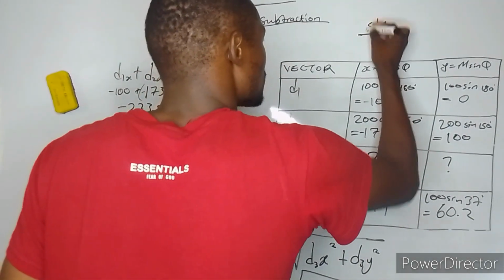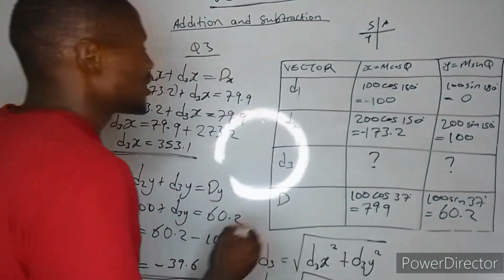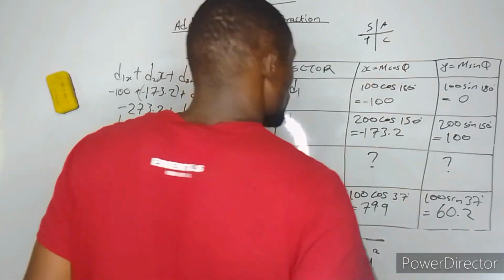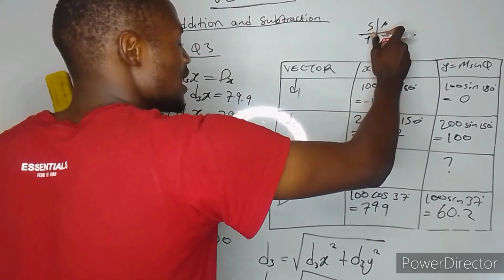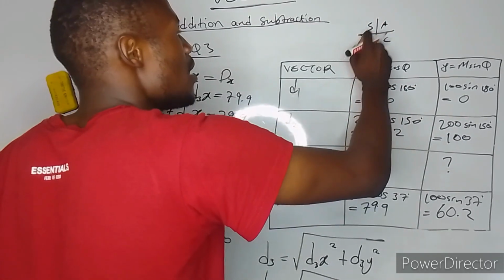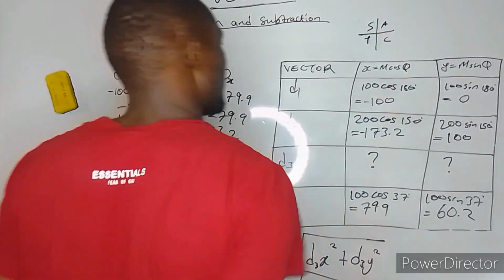Here we only have sine, which is positive. Here we only have tan, which is positive. Then here we have cos, which is positive. The rest are negative.